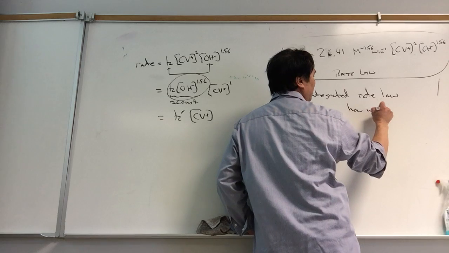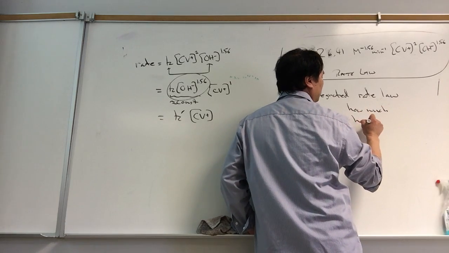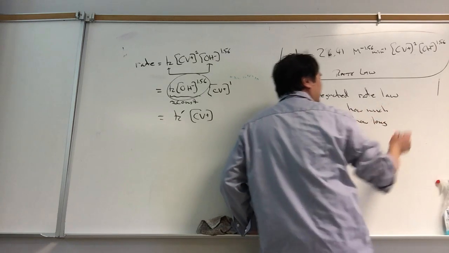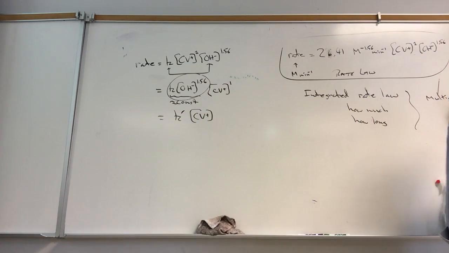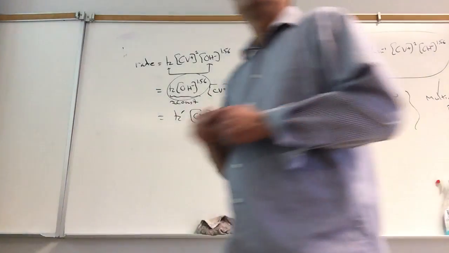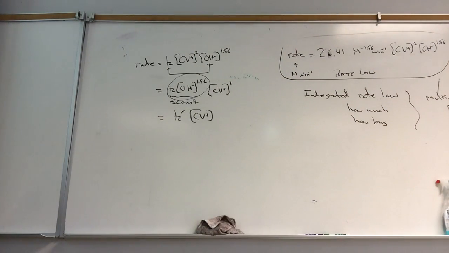But the integrated rate law for multiple reactants like this is beyond the scope of 1B of this class. Okay, and so that's as far as we're going to get for this particular problem.